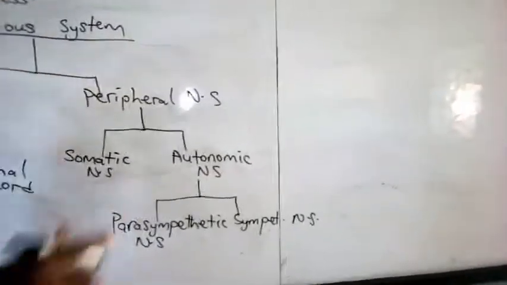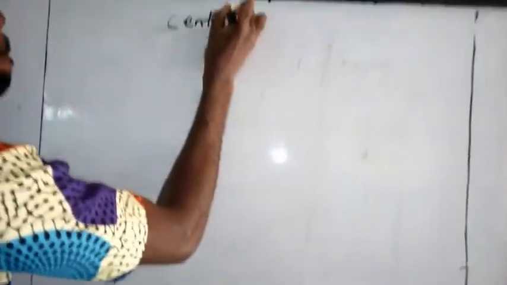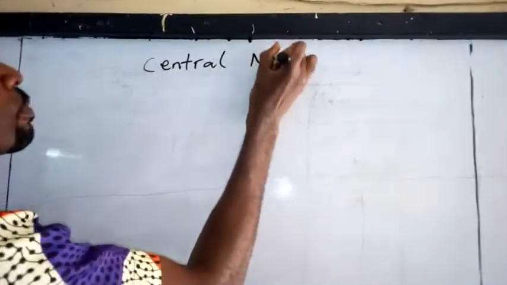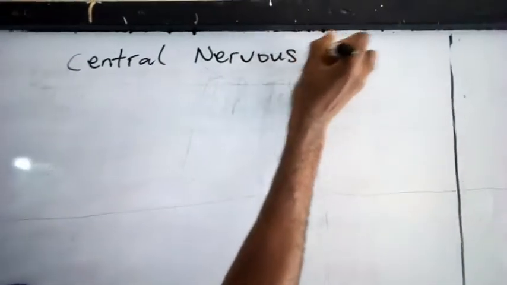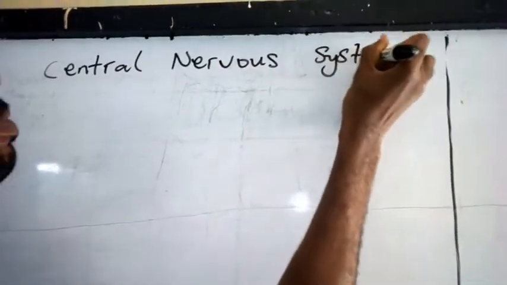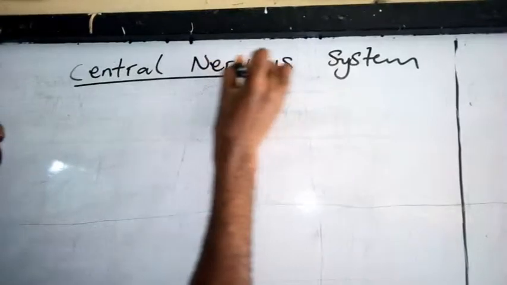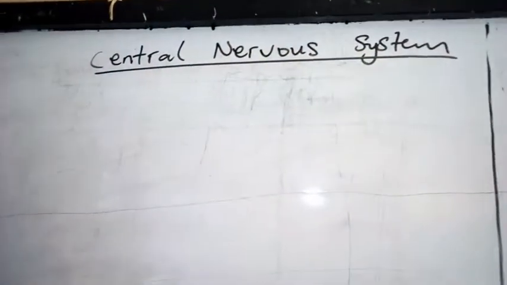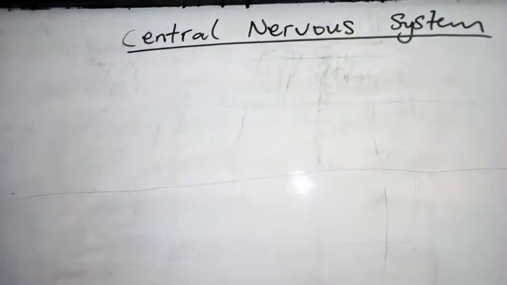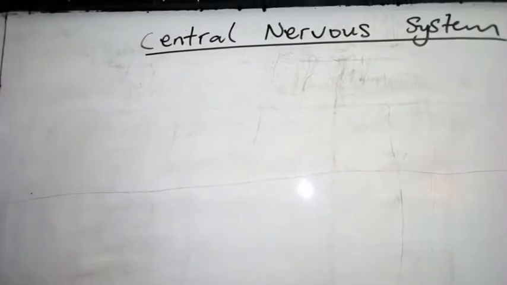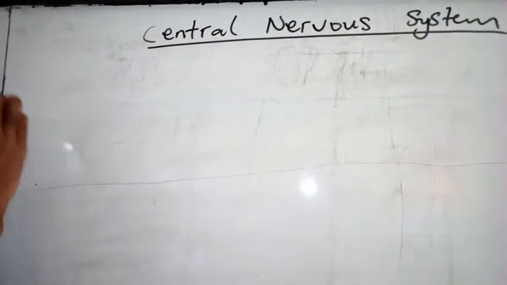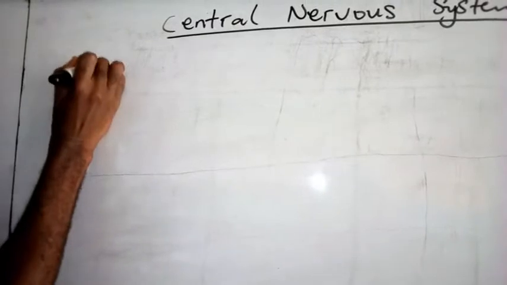We are going to begin with the central nervous system. The central nervous system, from our chart, you should know is made up of the brain and the spinal cord. Now we are going to take them one after the other.